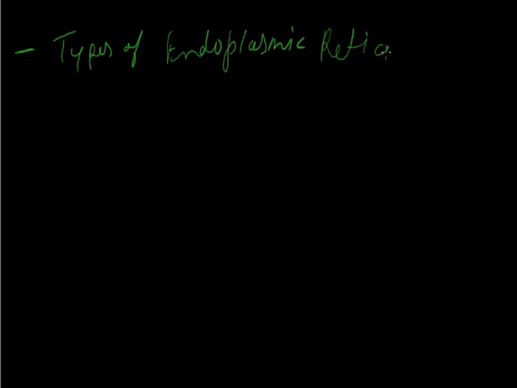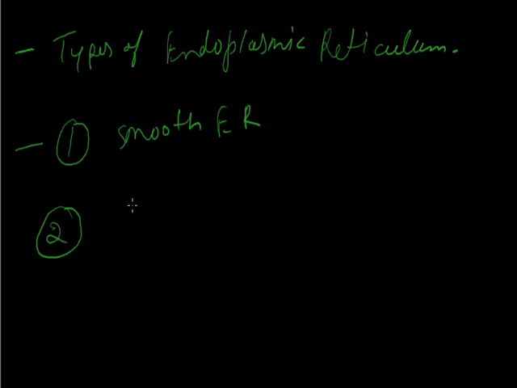Next, the types of endoplasmic reticulum. There are two types. First, smooth endoplasmic reticulum, smooth ER, and second, rough ER. What is the basis of the division of ER?